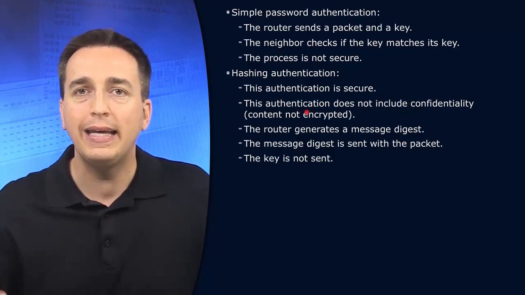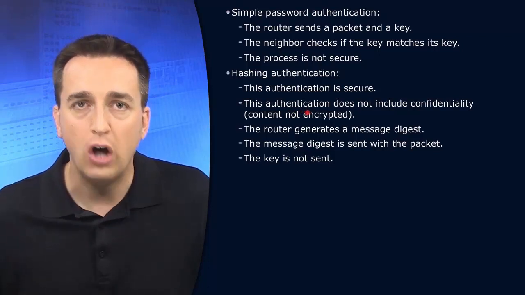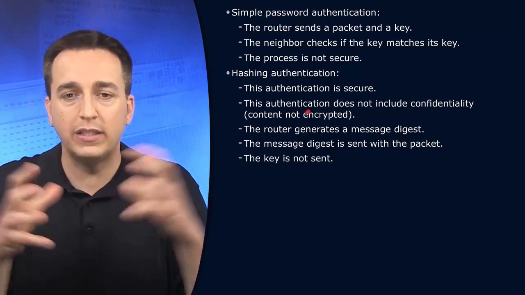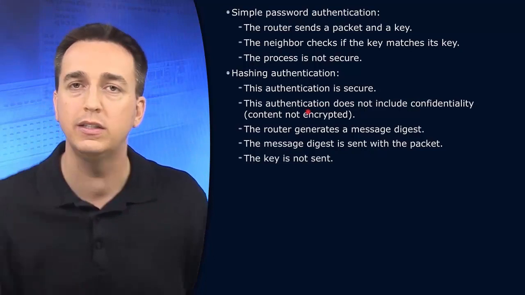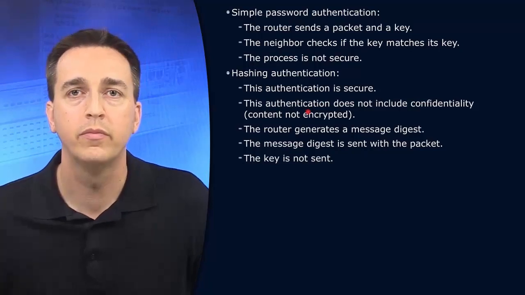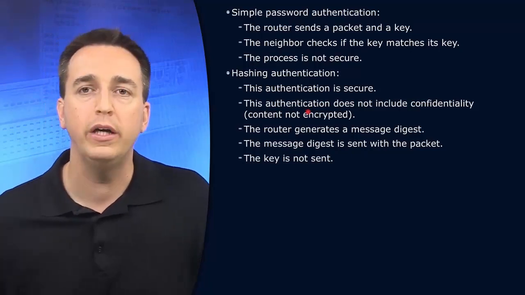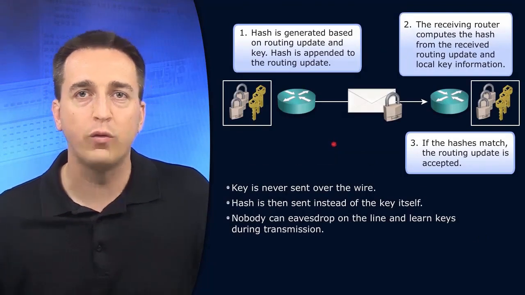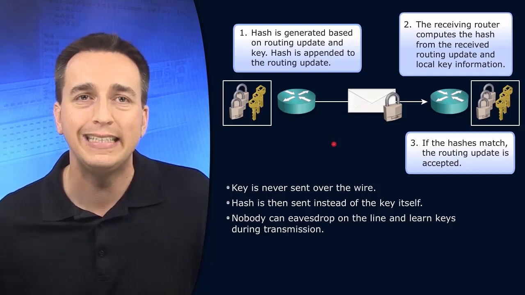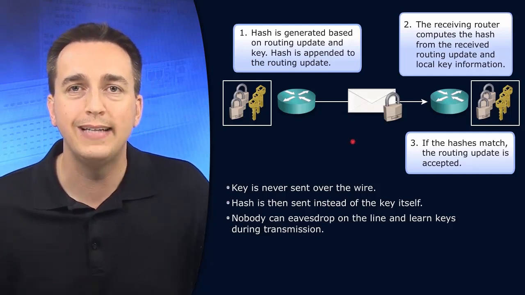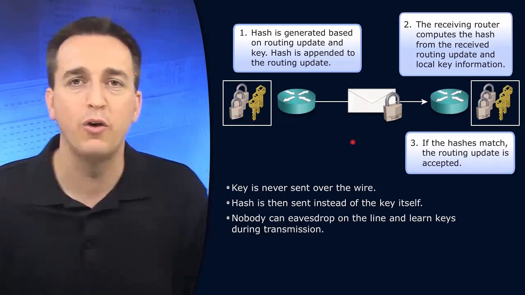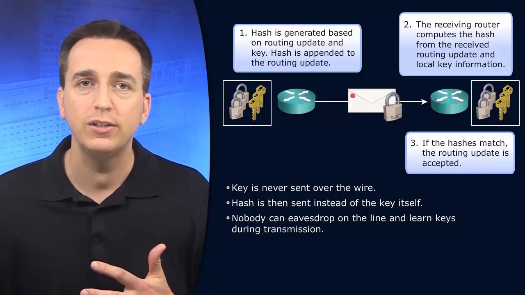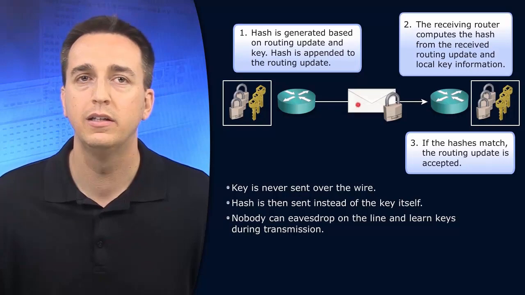The packet itself is not encrypted. The hash itself is not encrypted. So if it's captured, you can see the hash and you can see the original packet. What we're doing here is we are protecting our routers and the routing information that they receive, so that they don't take in inappropriate routing information and use it. So this is not encrypted. We can still see the contents of the packet.